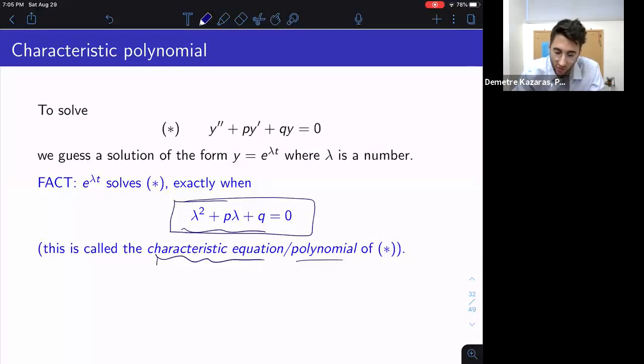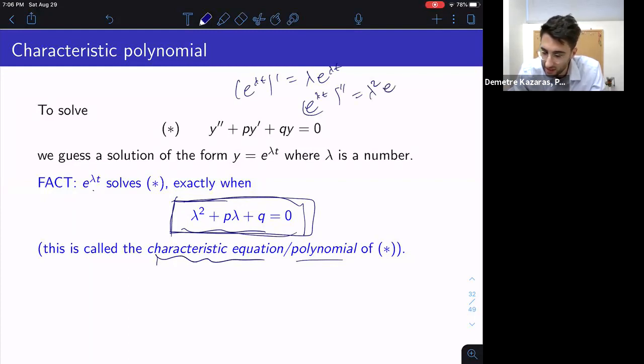Why is this fact true? Why, if lambda solves this, will e to the lambda t solve the differential equation? Just notice that if you take a derivative of e to the lambda t, that's lambda e to the lambda t. You take another derivative, and e to the lambda t double prime is lambda squared e to the lambda t.